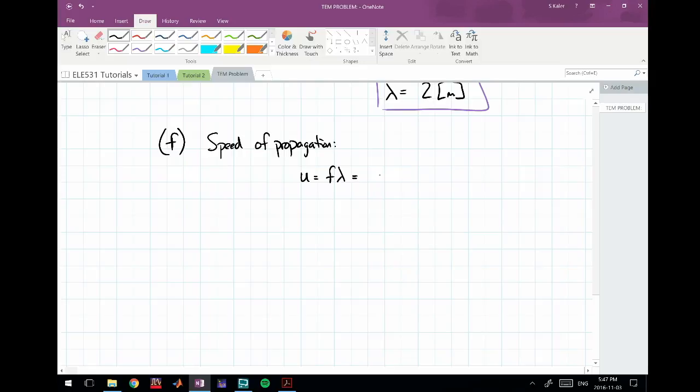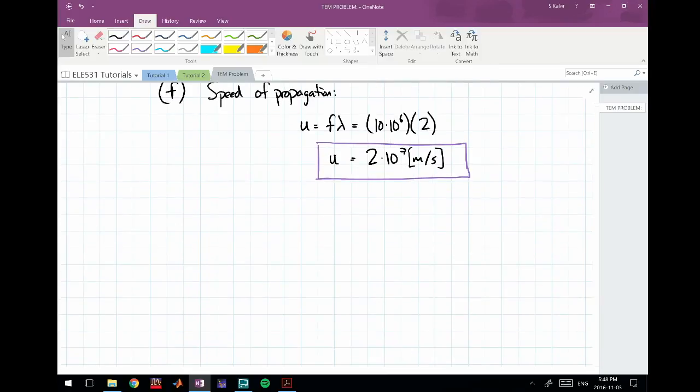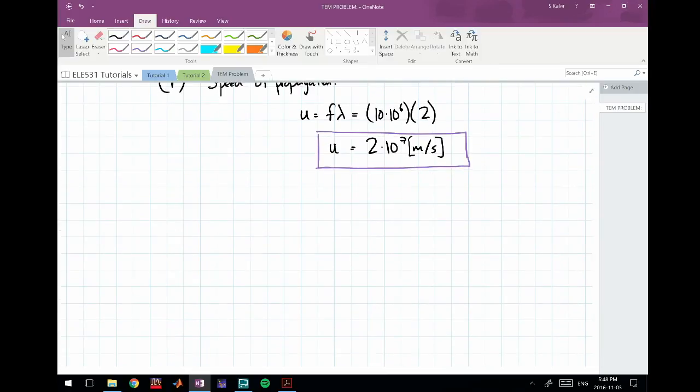We know f, we know lambda. F is 10 times 10 to the 6. Lambda is 2. So this becomes 2 times 10 to the 7 meters per second. Again, not forgetting our units. We have to keep in mind we can lose quite a few marks just for forgetting units. That's part F.